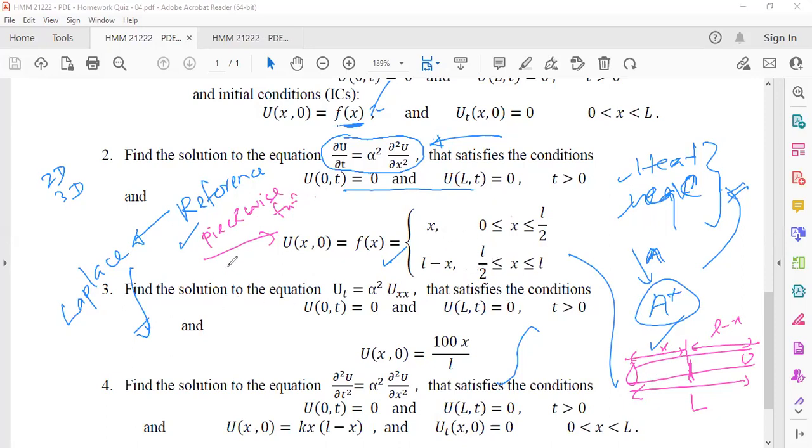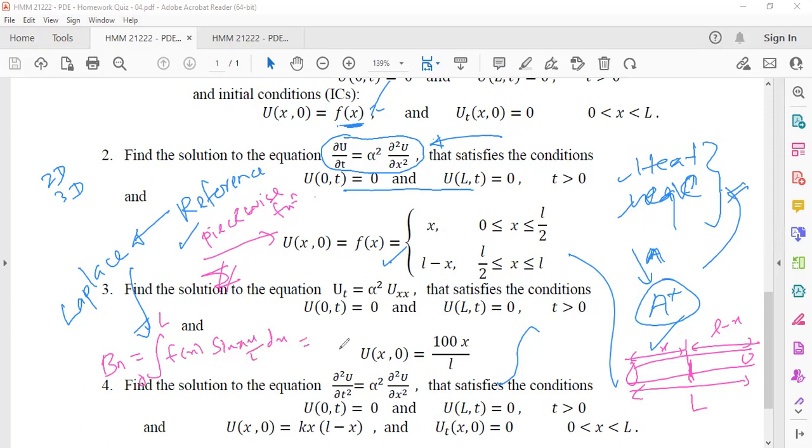So your summation, the integral also will be changed, no? So 0 to L, let's say Bn is equal to something, f(x) sin(πx/L), for example. Okay, you have derived this one.